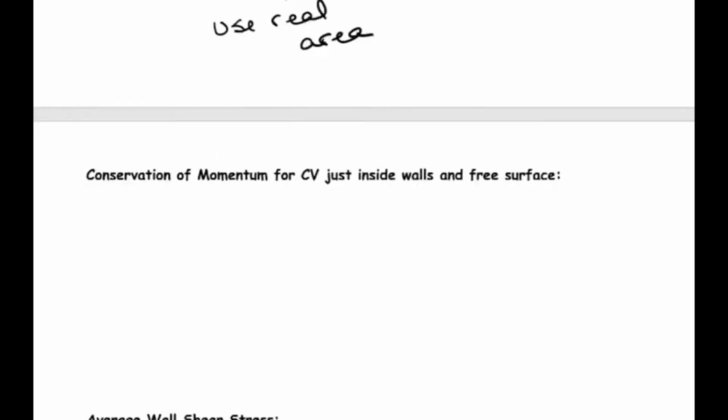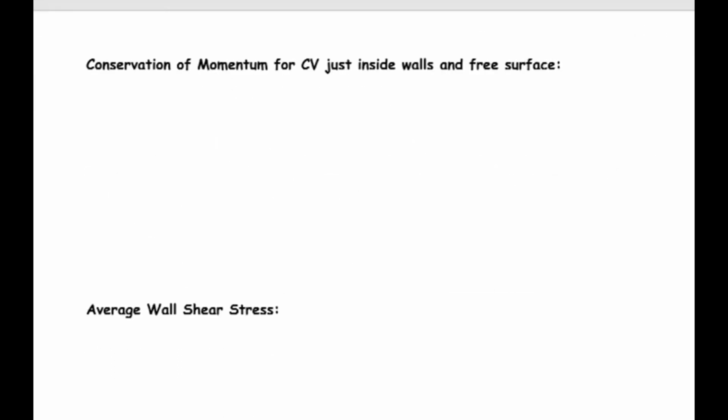So let's go on, and we can use conservation of momentum for finding something about shear stress, which is very important for erosion and that kind of thing. So first thing in our conservation of momentum, let's go ahead and draw ourselves a control volume. So here is our channel, and it is on an angle of theta.